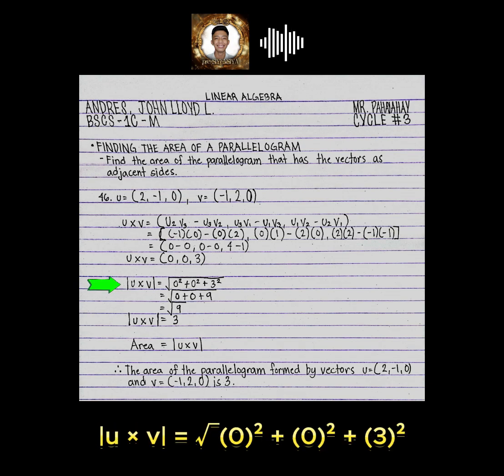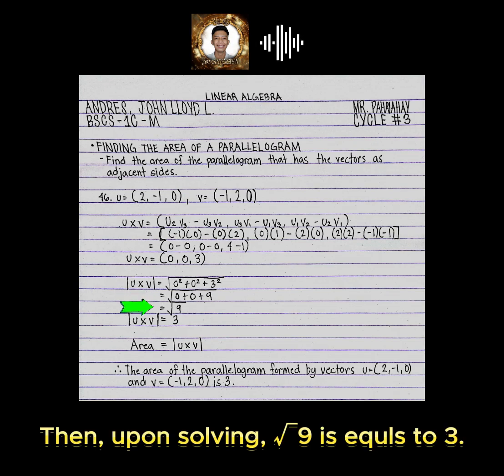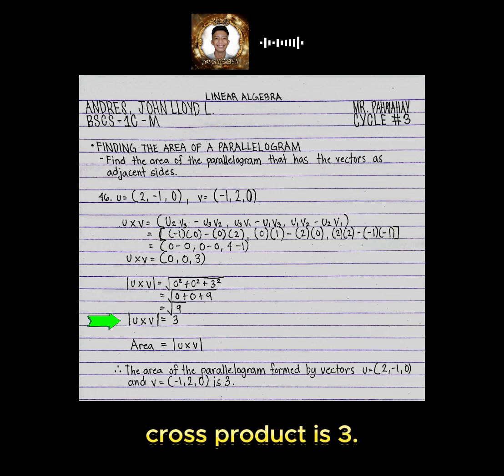The magnitude of u multiplied by v is equal to the square root of 0 squared plus 0 squared plus 3 squared, equals the square root of 0 plus 0 plus 9. Then, upon solving, the square root of 9 is equal to 3. Therefore, the magnitude of the cross product is 3.